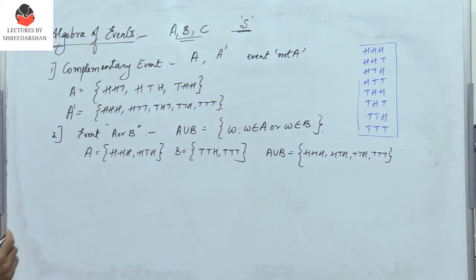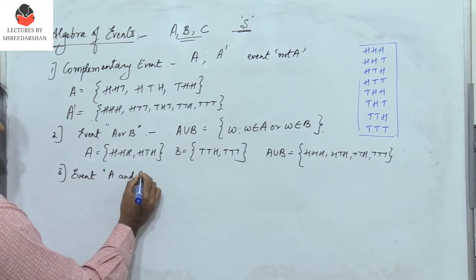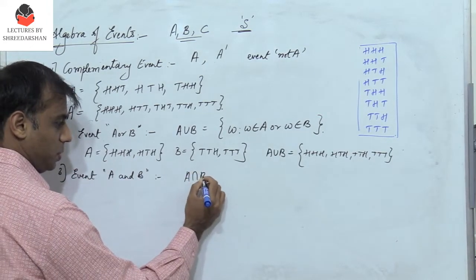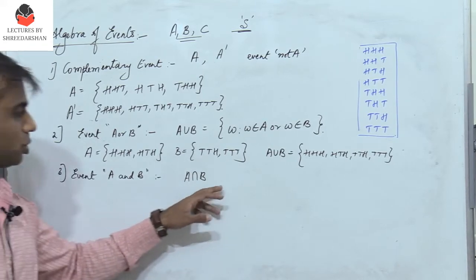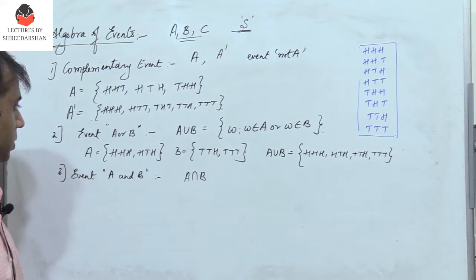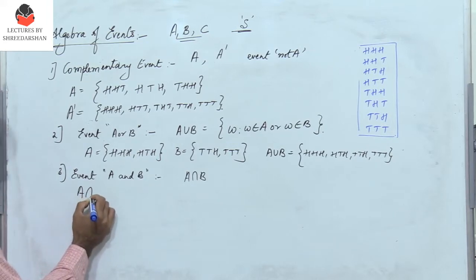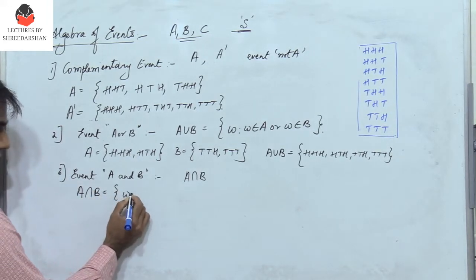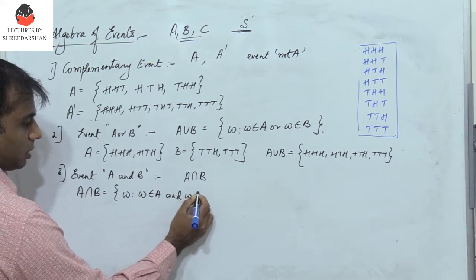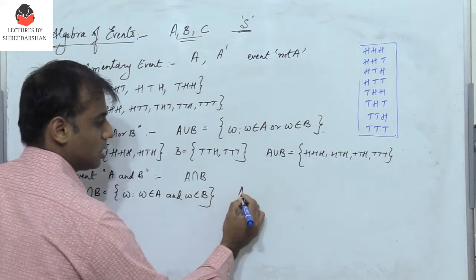Very simple. The next one, we have the event A and B. This essentially means A intersection B. That means you write the outcomes which are common to both A and B. A intersection B is defined as W, where W belongs to A and W belongs to B. If I consider these two, what is A intersection B?